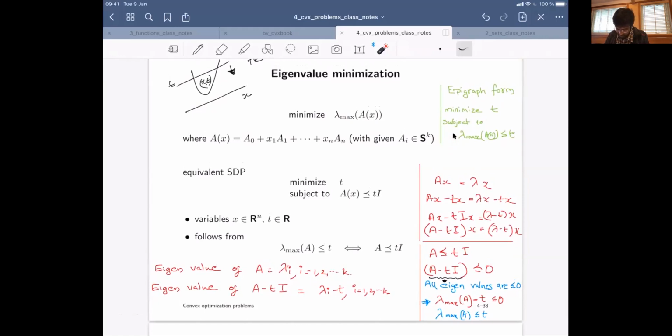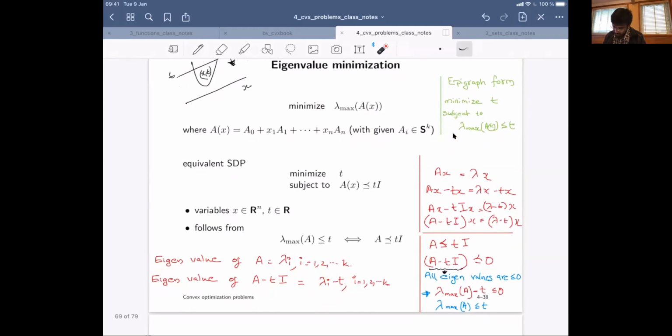If lambda is an eigenvalue of a matrix A, then what will be the eigenvalue of A minus tI? You are subtracting an identity matrix multiplied by the scalar t, so the new eigenvalue will be lambda minus t. Keep that in mind.